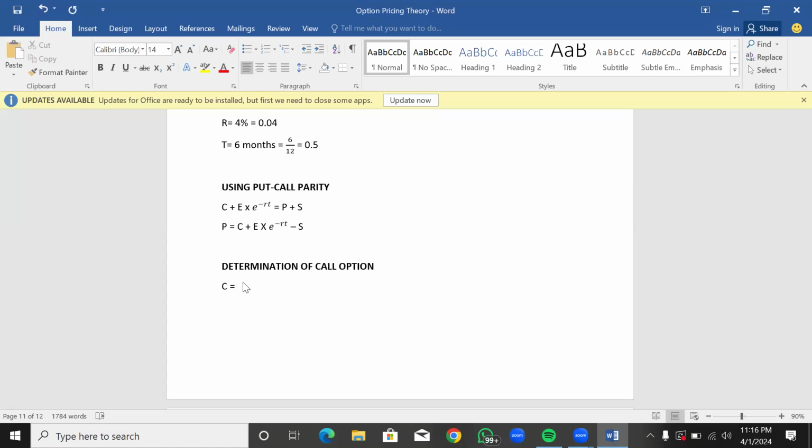Max of PA times N(d1), that one is intrinsic value, minus PE times N(d2), times exponential minus RT.